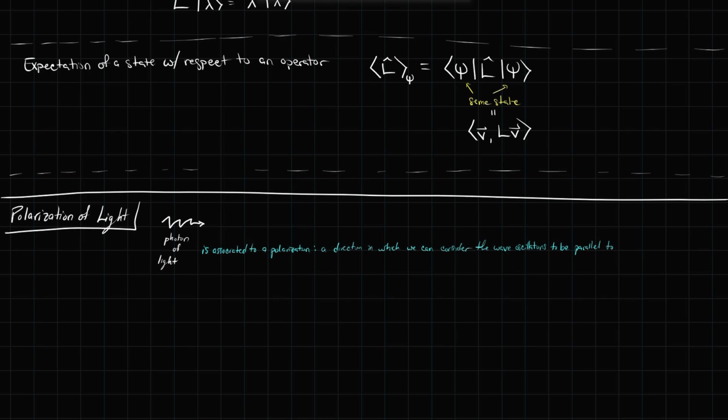Okay, so these oscillations, the way I've written it, it looks like they're parallel to the up and down of the two-dimensional screen that you're looking at. But you could also have oscillations that kind of go in and out of the screen. So this would be like an up-down polarization, and this would be like an in-out polarization.